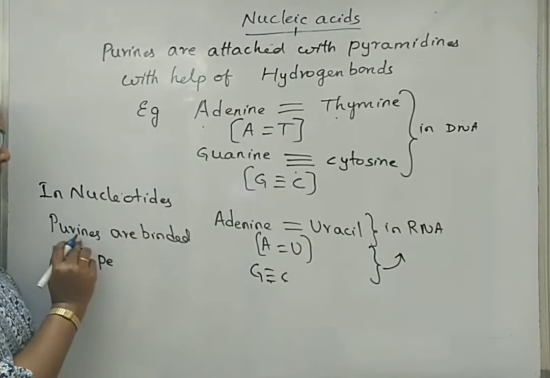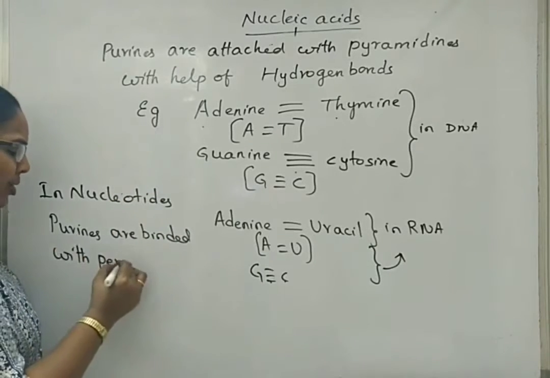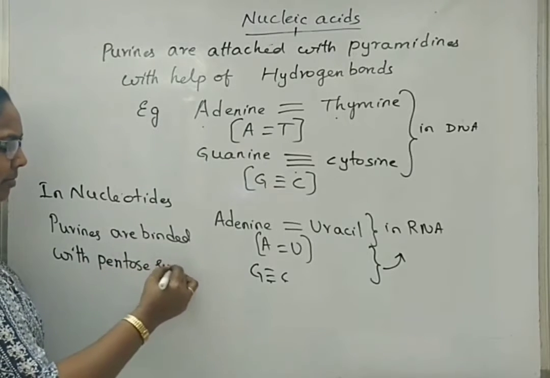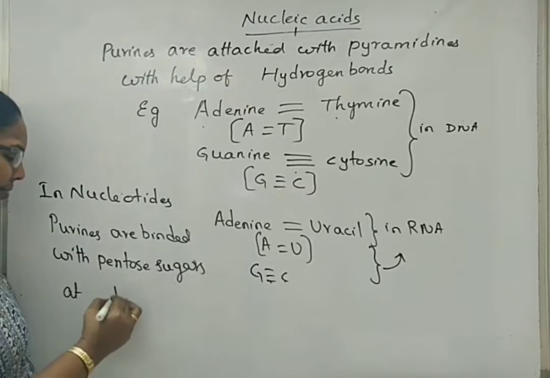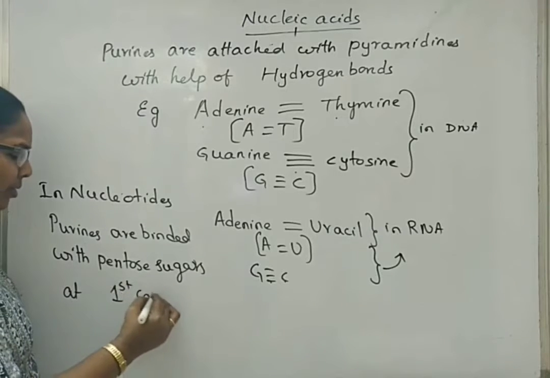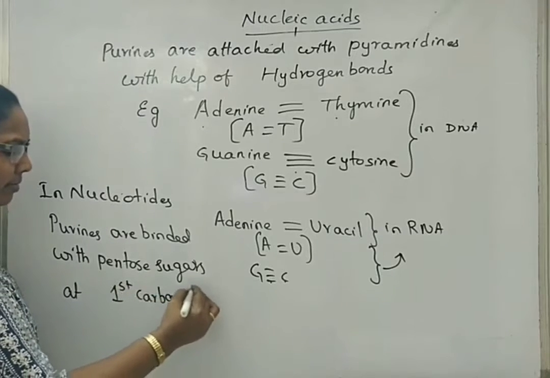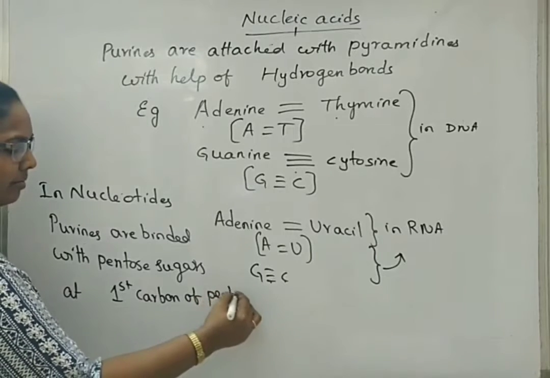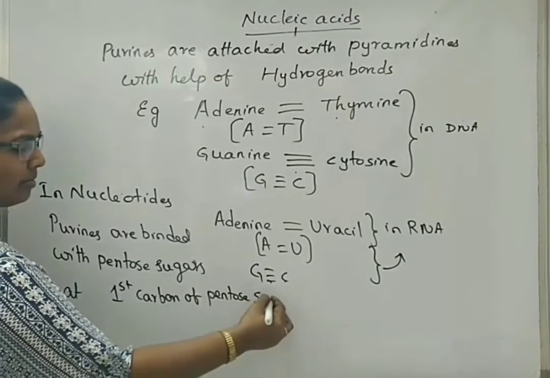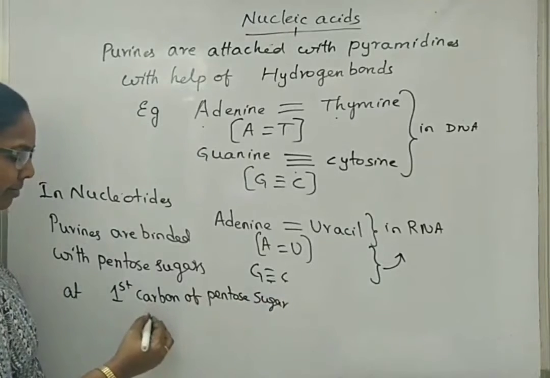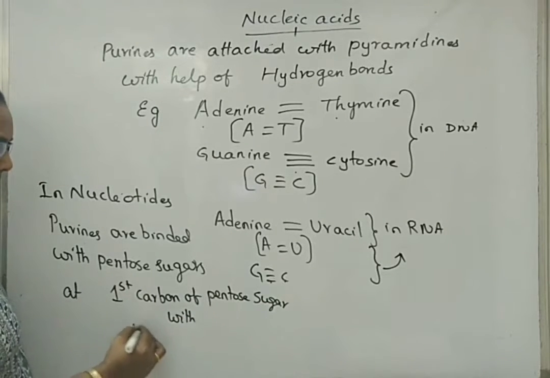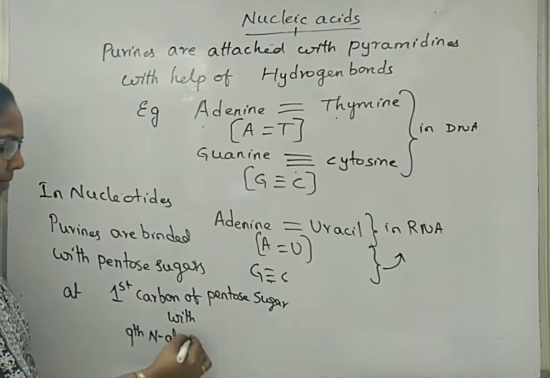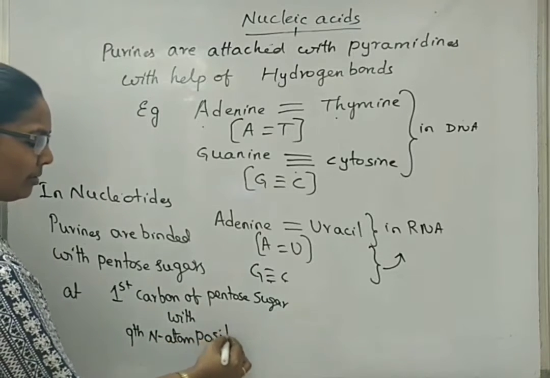The purines are bound with the pentose sugars at the first carbon of the pentose sugar with the 9th nitrogen atom position of a purine.